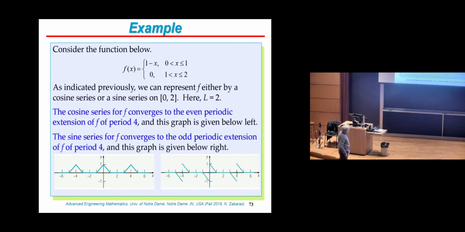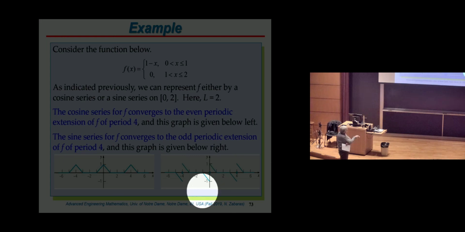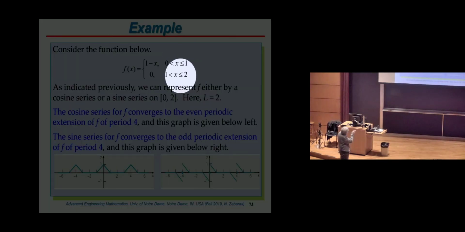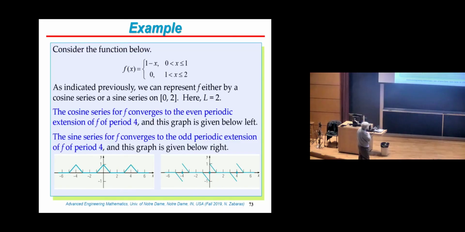Because here is another version of the same function that's an odd extension. Can you see that, right? I mean, f of minus x is equal to minus f of x. So if I'm really interested in the interval 0 to 2, but to be able to use the Fourier series expansions, I produced an even periodic extension of the function, the way that you see on the left picture.